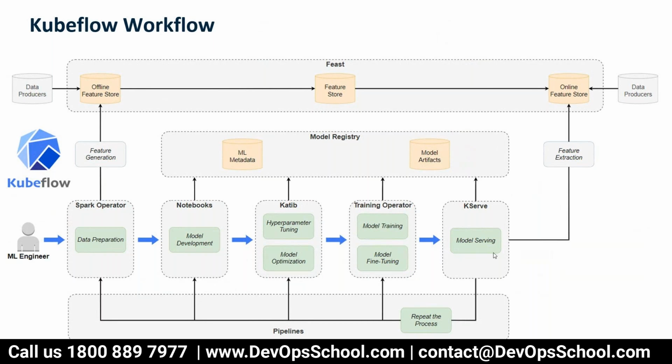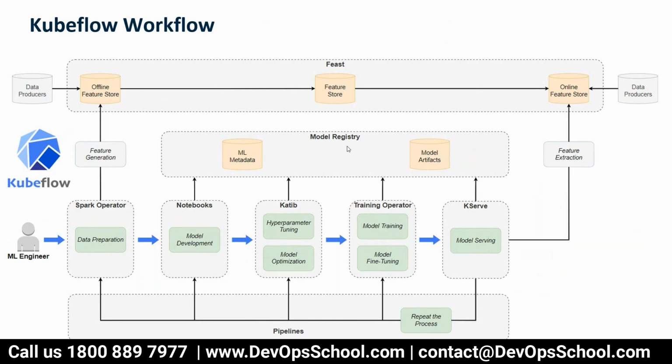Lots of data you have to process, and then you need some registry also. So here you have a model registry, which contains the ML metadata and model artifacts. Model artifacts means all the code which you have trained. So this is the model registry.